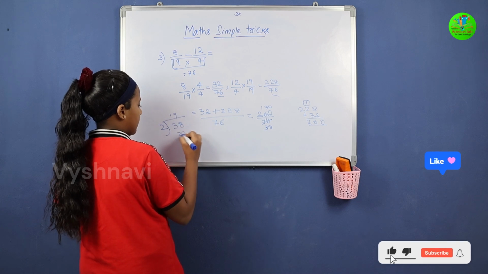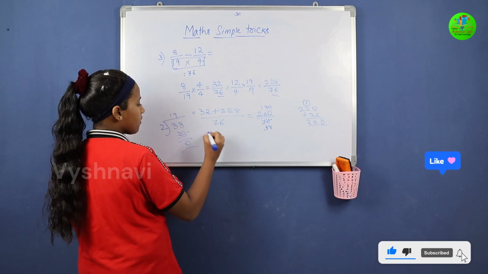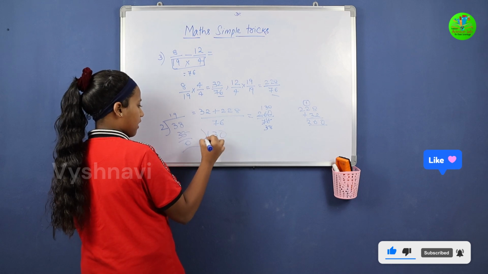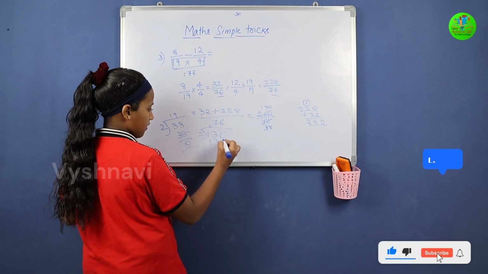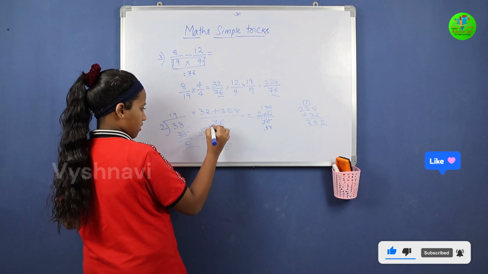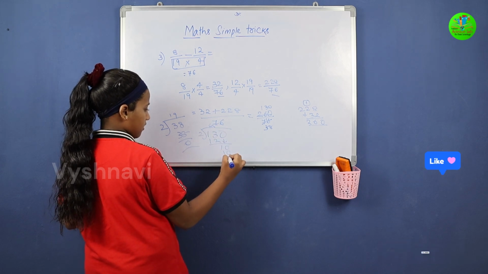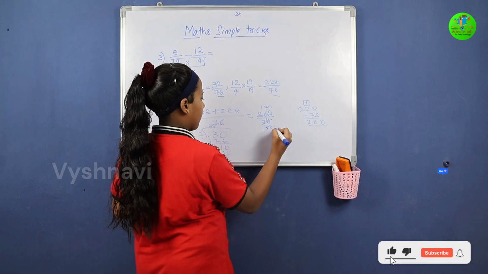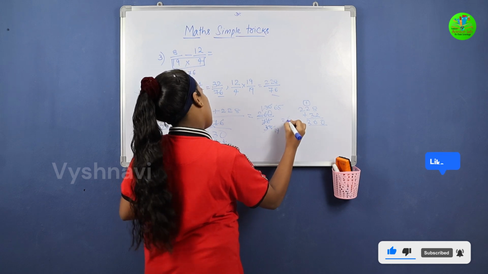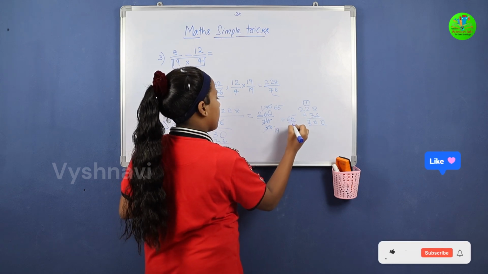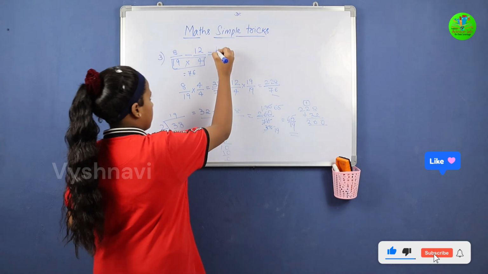Nineteens, it will cancel, yes. But 130. 2 6s are 12. 2 5s are 10. 65 by 19. This is the final answer for this.